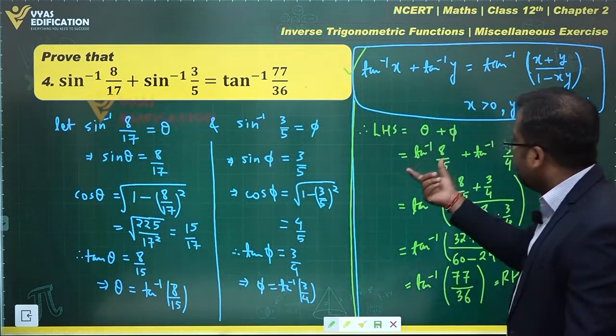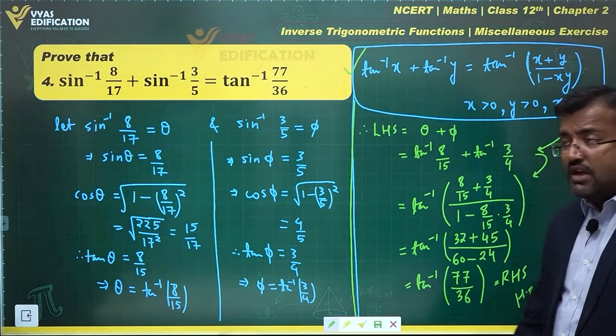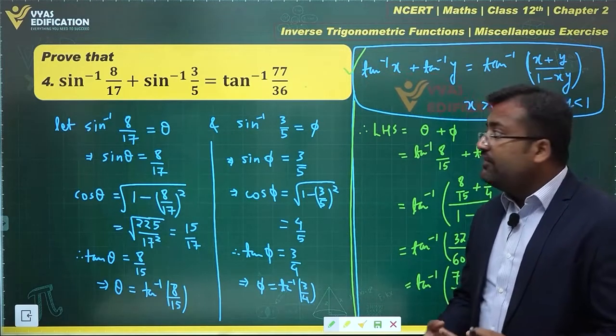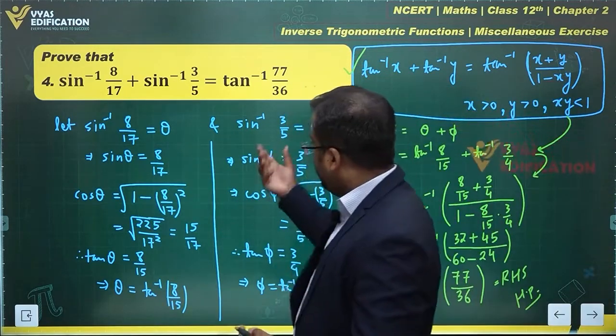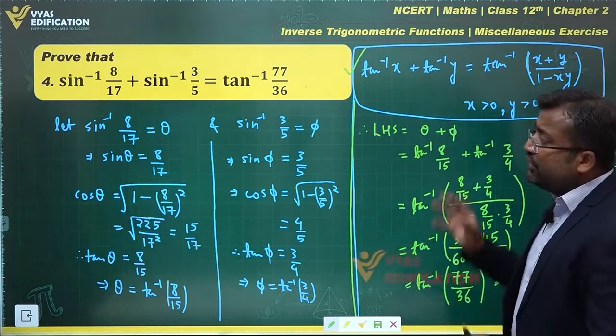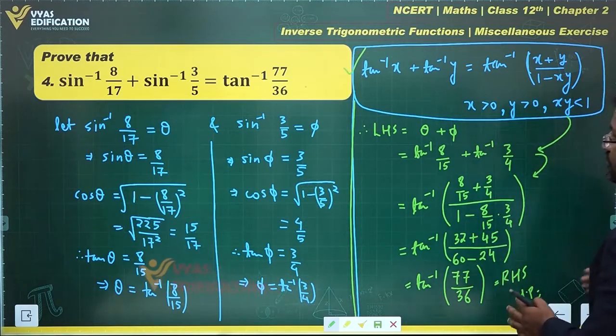So this question in itself is a combination of three simpler questions: interconversion, and then addition using this formula. Three simple questions have been clubbed together to make this question, right? That is all for this question in this set.